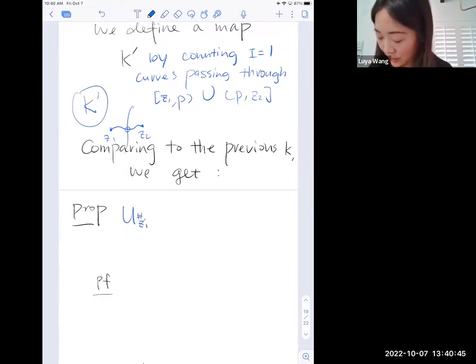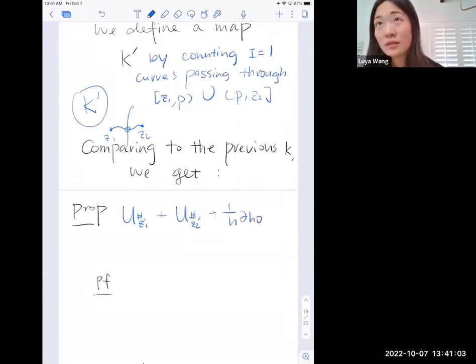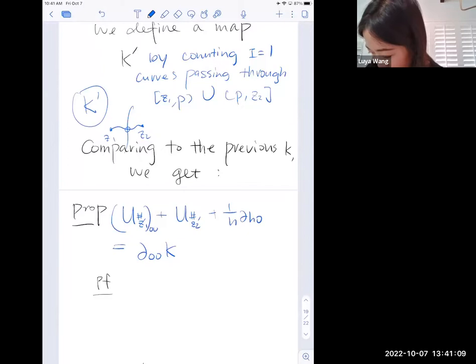So this is the U map in the connected sum, counting curves passing through Z1, minus U connected sum Z2. I'm working mod 2 so these cannot be plus, but okay, so 0 is equal to 0, 0, which means I'm restricting to only counting the curves going from orbit sets without the hyperbolic orbit to orbit sets without the hyperbolic orbit, plus K prime 0, 0.